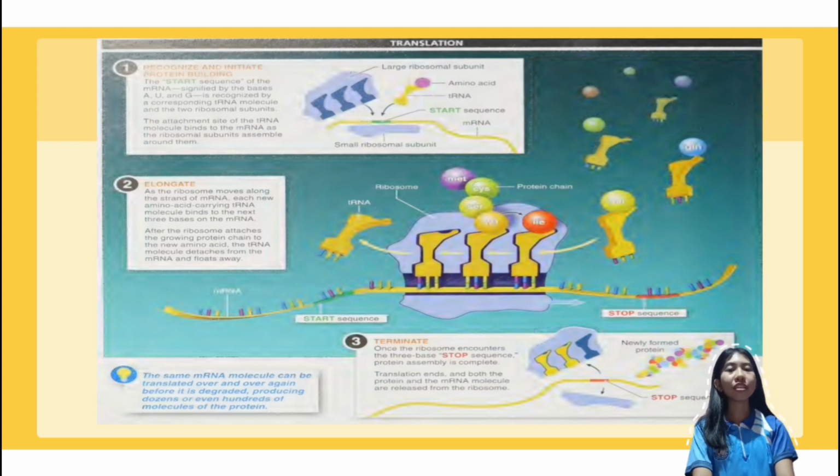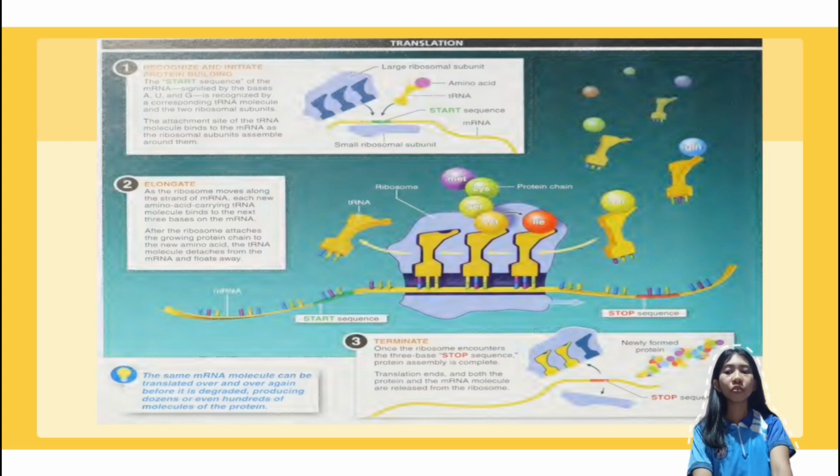In this process, there are three key players, which are the mRNA, ribosomes, and tRNA. mRNA carries the genetic code copied from DNA during transcription. On the other hand, ribosomes are large complexes of RNA and protein that act as the protein synthesis factories. And the last one is the tRNA, which is the adapter molecule that carries a specific amino acid.